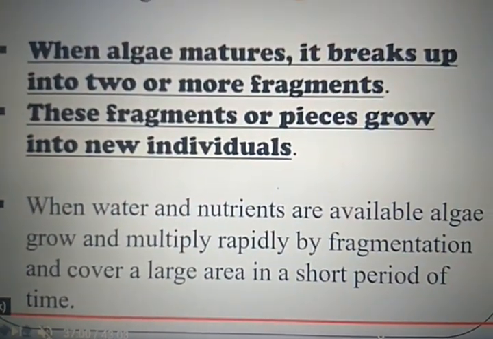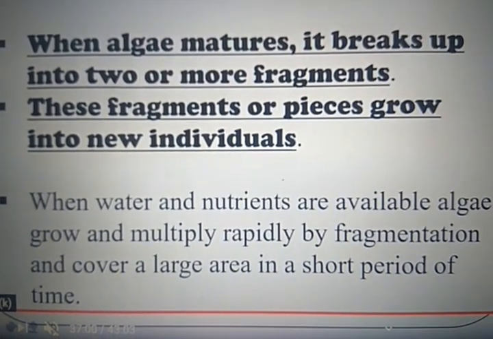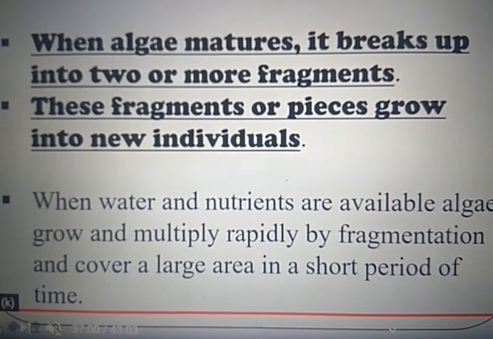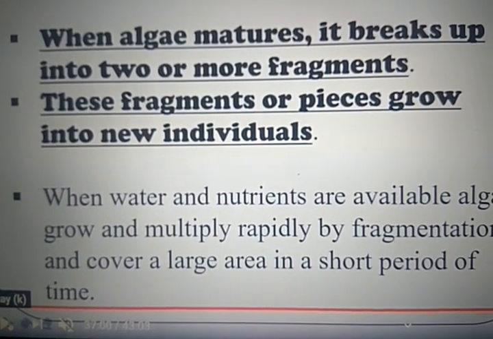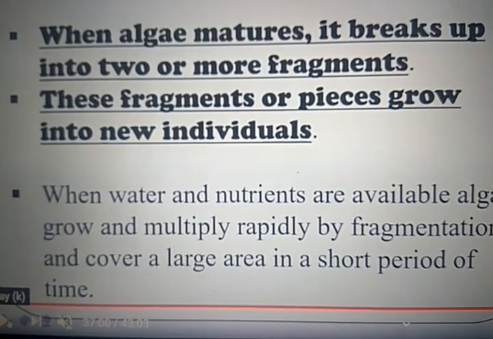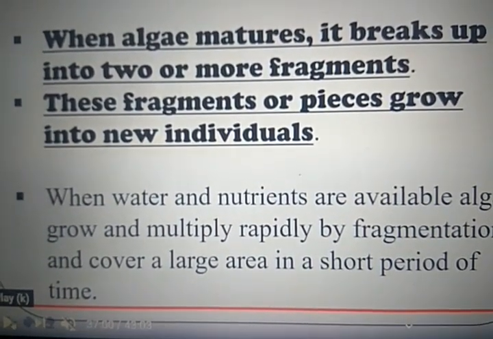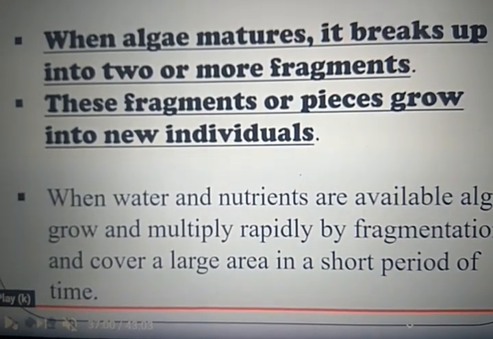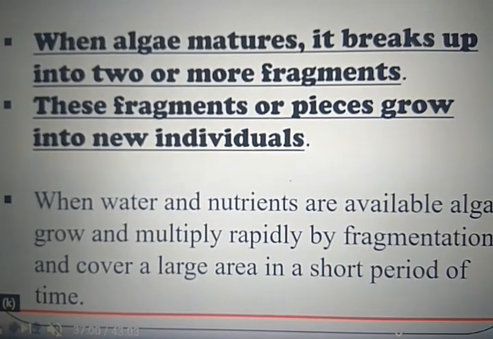When water and nutrients are available, algae grow and multiply rapidly by fragmentation and cover a large area in a short period of time. So algae, that is Spirogyra, is the best example for fragmentation, and fungi, that is yeast, is the best example for budding.